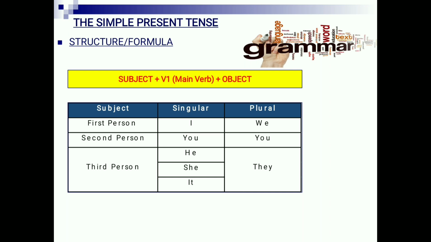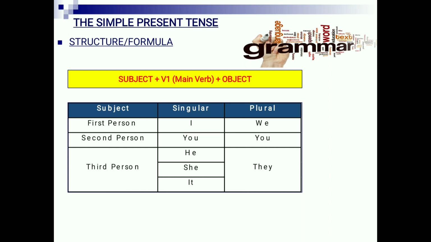But now also I am giving, we will see one example using the verb write. See, I write, we write. After I, I am using V1 as it is. I write. I am not using its past tense, or I am not adding s or es. Yes, I write, we write. You write, you write.